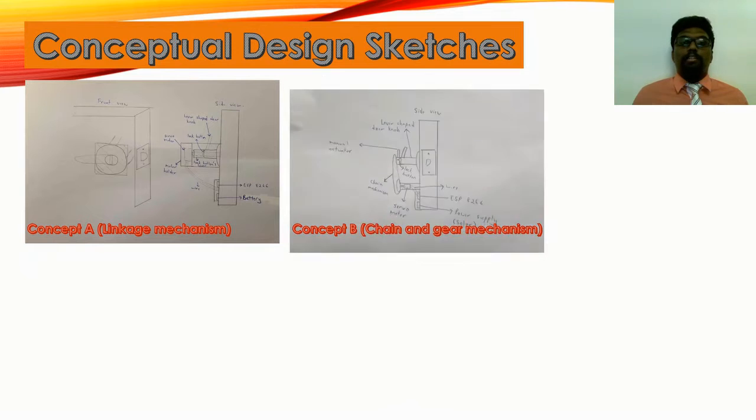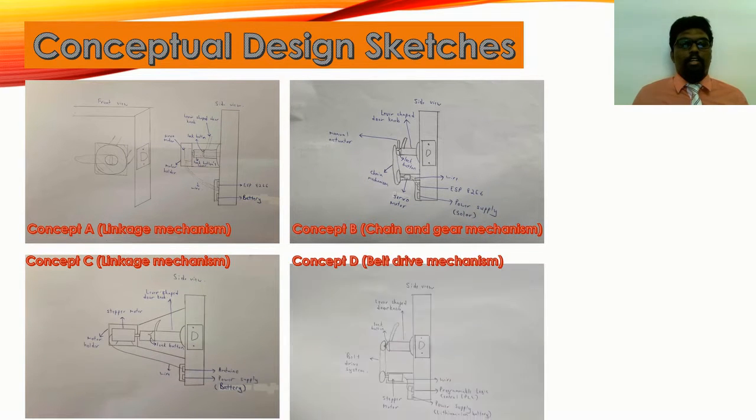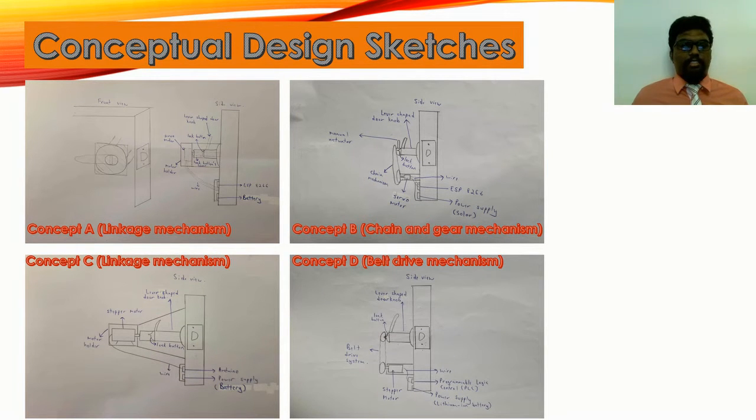The conceptual design sketches. There are 4 sketches. The first, concept A, uses the linkage mechanism and the power supply is battery. We use different types of design in this linkage mechanism.